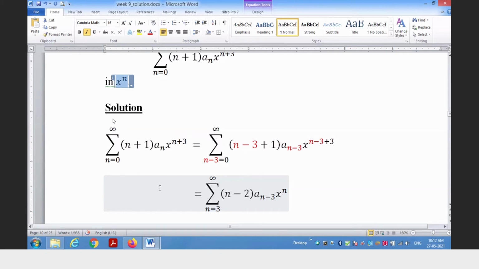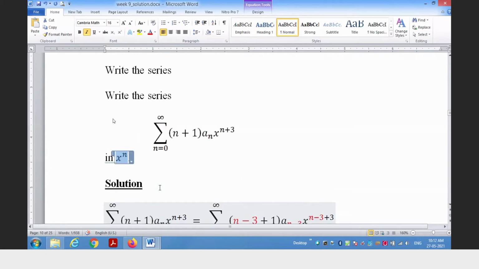Sir, why we need to minus n minus 3? Here, okay. Rewrite the series summation n from 0 to infinity of n plus 1 a n times x power of n plus 3 in x power of n. Here the given power is x power of n plus 3.